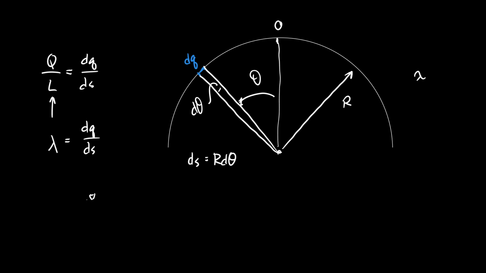That's based on how much theta we sweep out. Using that thing from last year where s equals r times theta, we're saying ds is equal to r times d theta. A small piece of length is equal to r times a small piece of angle. Then we just solve that for dq. Is that all right?